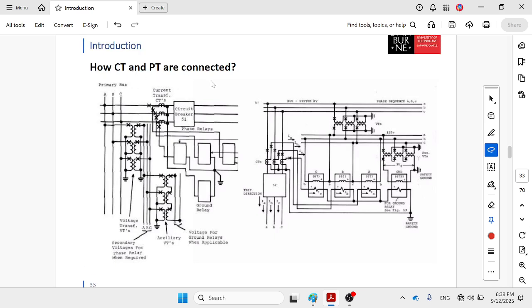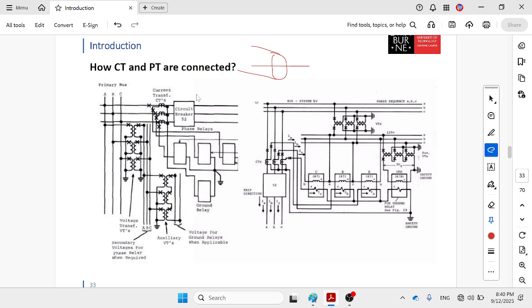How are the CT and PT connected? Very important, be careful. The CT will be connected in this way, and the PT will be connected in this way. What type of connection is that? One should be connected in series, one should be connected in parallel.